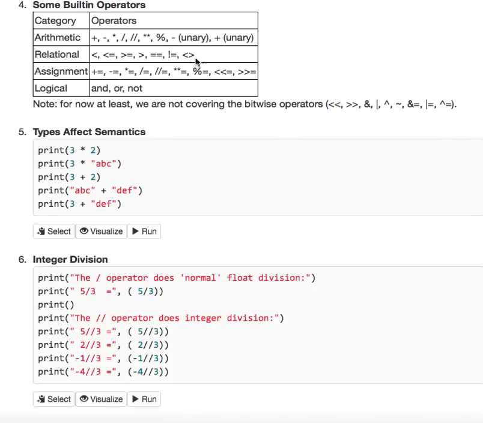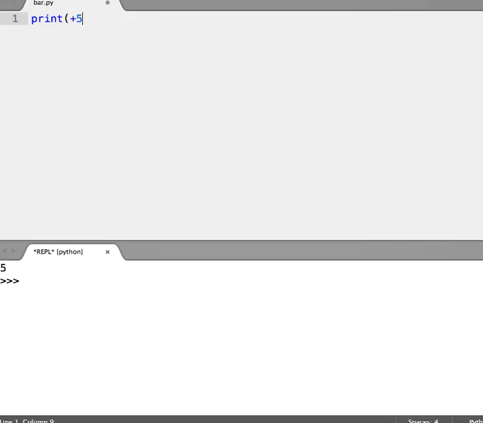Relational operators tell you if things are greater than or less than things. These are pretty obvious. The double equals is important. So if I were to print, say, x is 2, y is 1 plus 1, print x equals y. It's true that these are both 2, and I had to use double equals here.